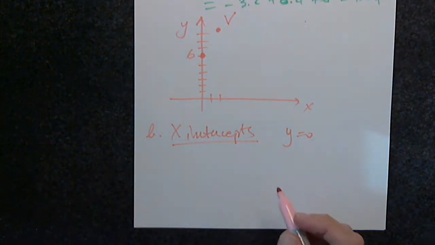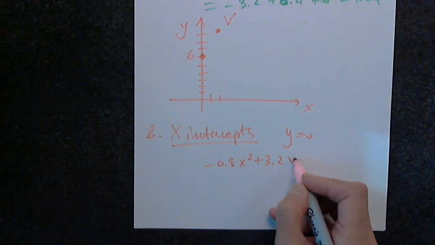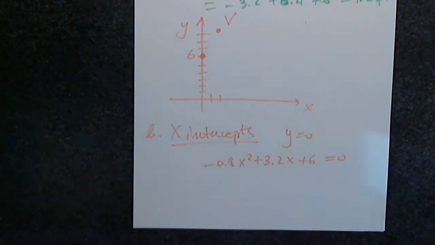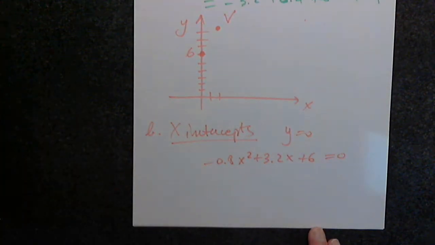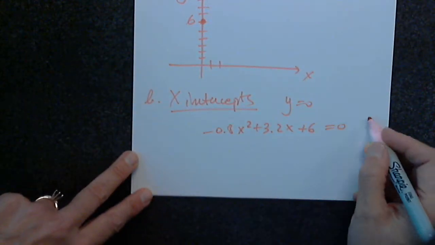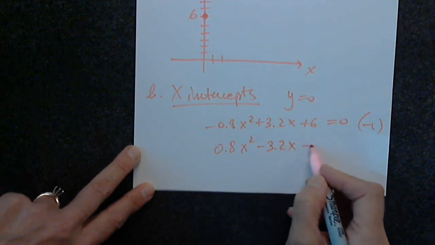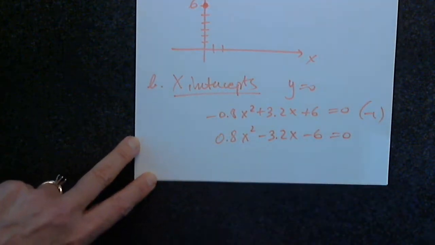I copy the function, negative 0.8x squared plus 3.2x plus 6 equals 0. I refuse to solve a quadratic equation with a negative leading coefficient, and so should you. So 0.8x squared minus 3.2x minus 6 equals 0.